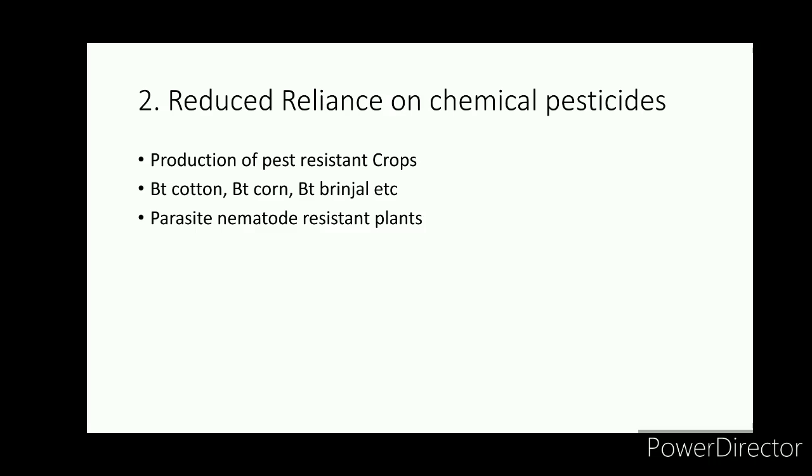So it is going to prevent the pollution in the environment by usage of the genetically modified plants that are pest resistant and insect resistant plants. So that is how one second advantage of the GM plants, that is reduced reliance on chemical pesticides.